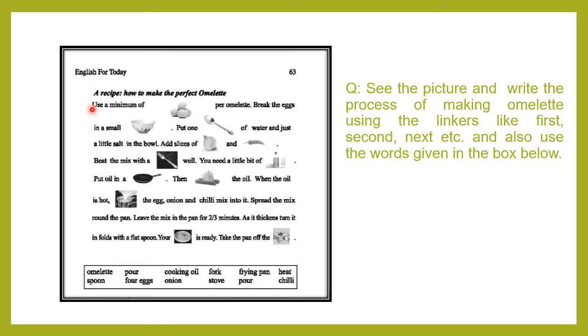Like first, use a minimum of 4 eggs per omelette. Second, break the eggs in a small bowl and then put one spoon of water and just a little salt in the bowl. It's interesting, right? I have already included this in the worksheet and you will do this later.